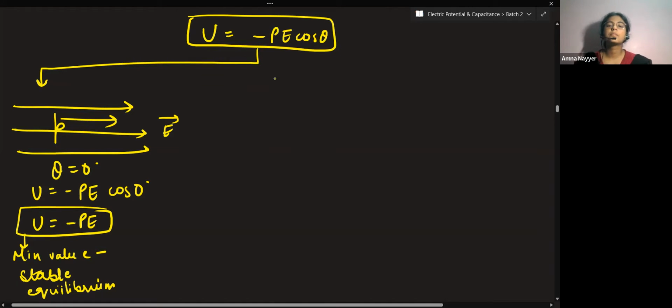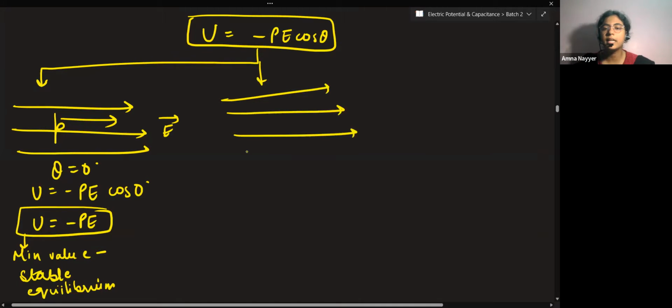Now, if this is the direction of the electric field, and the dipole is kept anti-parallel, means both are facing opposite to each other, your angle is 180 degrees.